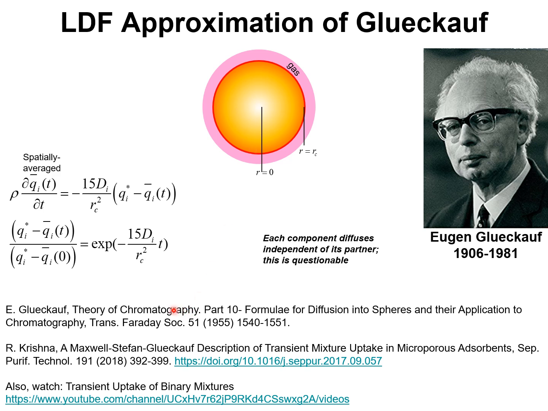An important point to note is that the LDF model applies when each component diffuses independent of its partner. Now, this assumption comes into question for kinetic separations, as I will discuss in the following slide.